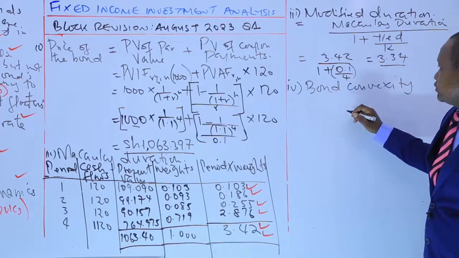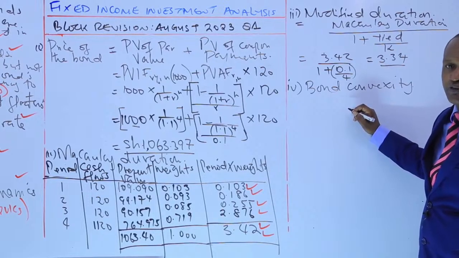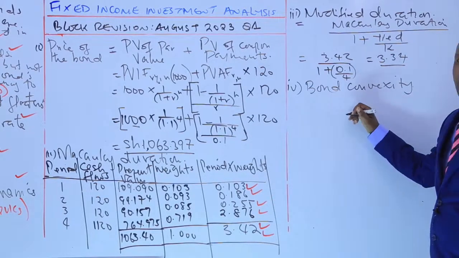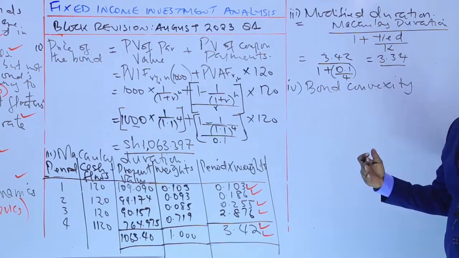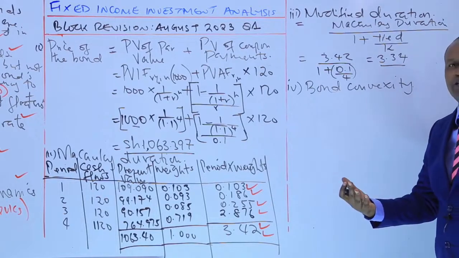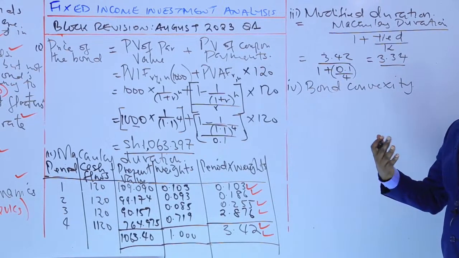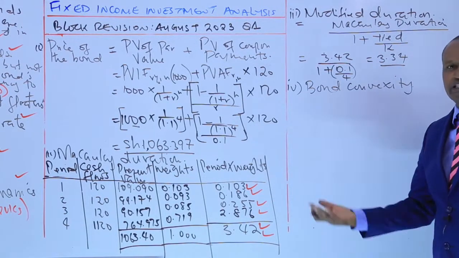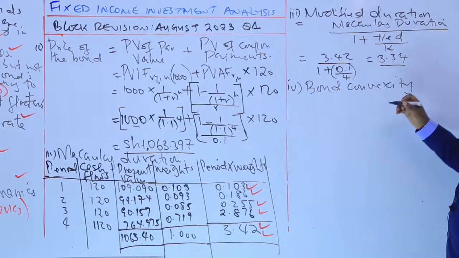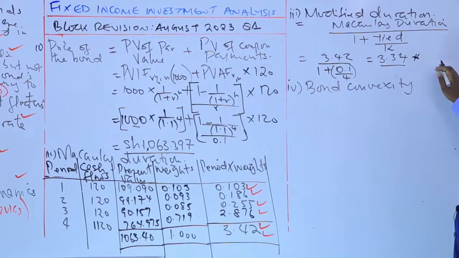And bond convexity provides additional insight into how a bond's price will change in response to interest rate movements beyond what is captured by the modified duration.